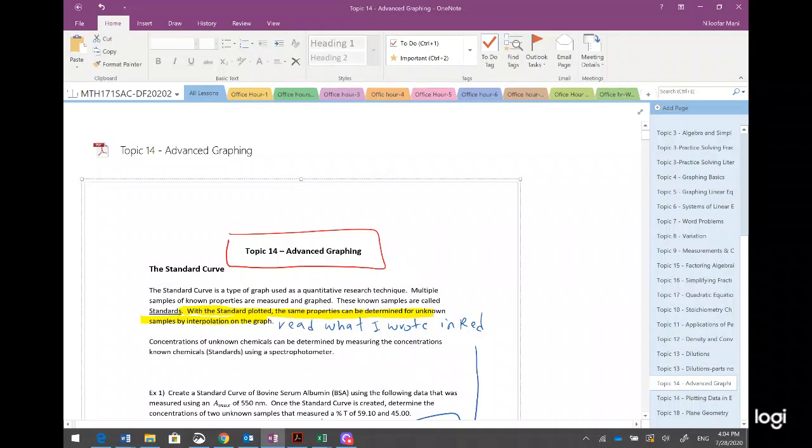Since it's online, we couldn't see each other, so we couldn't really emphasize just graphing of experimental data. You really need to do more practice because you need these for your lab courses, for your professional courses, for your future, and for your job in future.